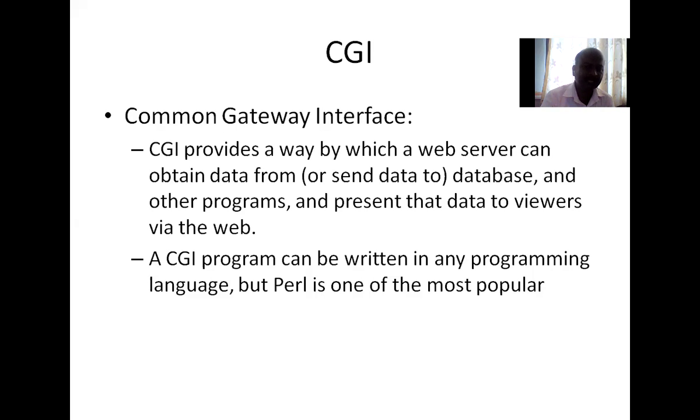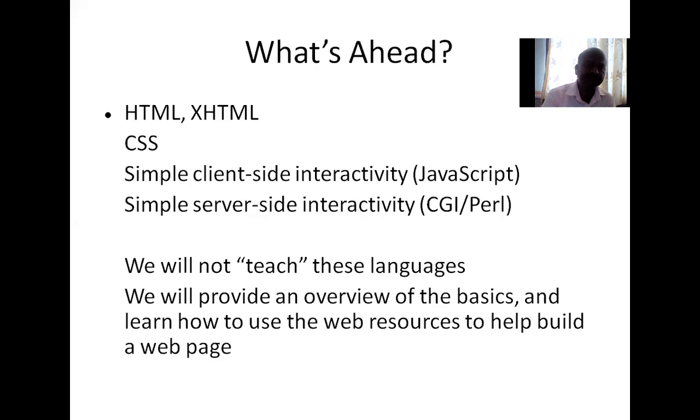A CGI program can be written in any programming language, but Perl is one of the most important and popular scripting languages. Then next is HTML, XHTML, CSS, JavaScript language, that is client side interactivity, and for server side interactivity, CGI, Perl.